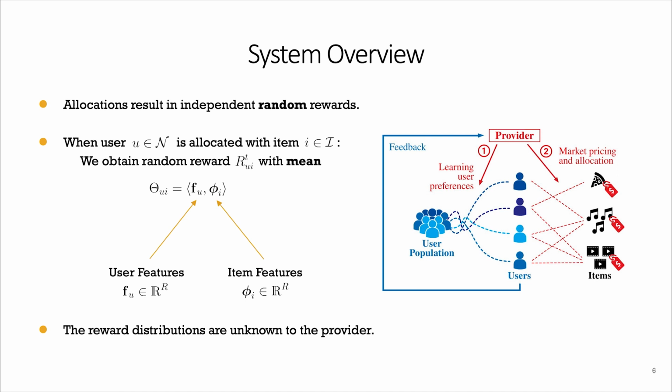As their inner product, we have the theta UI, which is the mean of the reward that we obtain at each time from a user item allocation UI. Importantly, the reward distributions are unknown to the provider, which means the provider does not have any access to the distributions of these RUI random variables or their means.